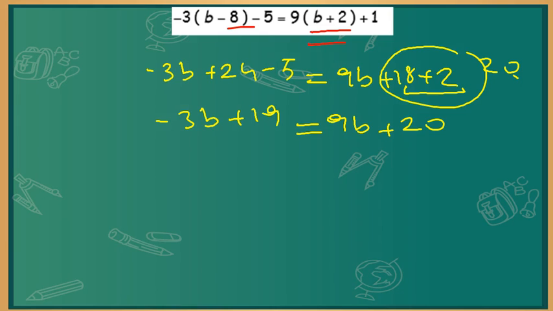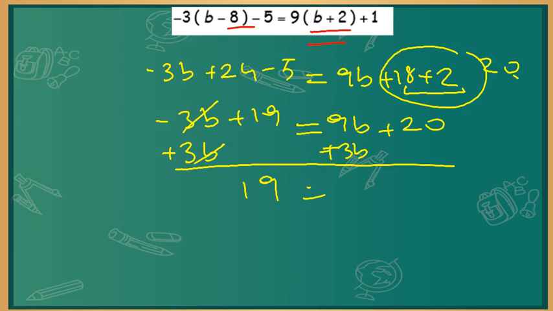So we see the like terms, negative 3b and 9b. So let's combine the like terms. Adding 3b looks easier to me than moving this 9b over to this side. You can also try that, because that action will also yield the same answer. So when I add 3b to both sides, my equation will be reduced to 19 is equal to 9b plus 3b, which is 12b plus 20.